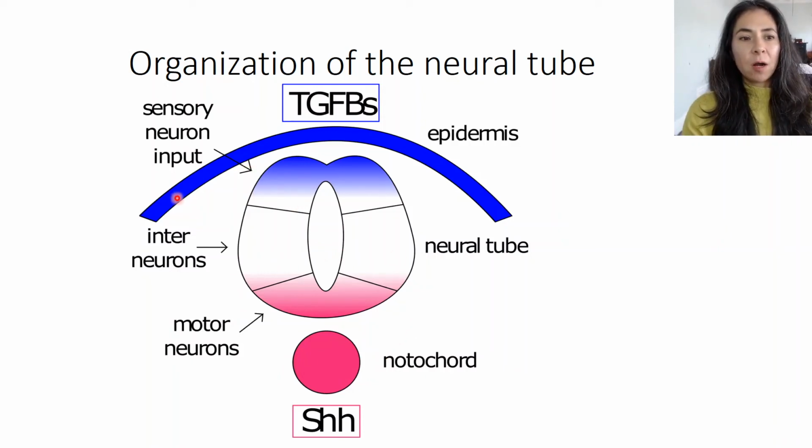If you are neural tube tissue and you receive high levels of these TGF-betas or bone morphogenic proteins secreted from the epidermis, you become sensory input neurons. And if you're in between, you become interneurons.